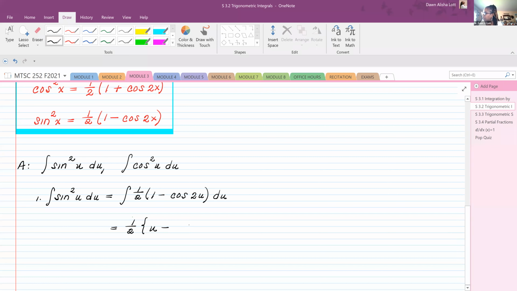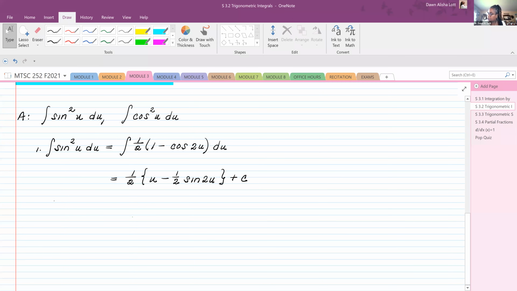And then when I integrate cosine, I get the sine of 2u, but I get a 1/2 in front of it, plus a constant. So I'm done. The integral of the sine squared of u du is 1/2 u minus 1/4 the sine of 2u plus a constant.